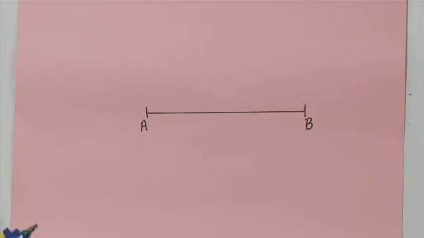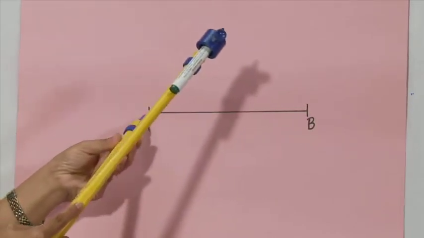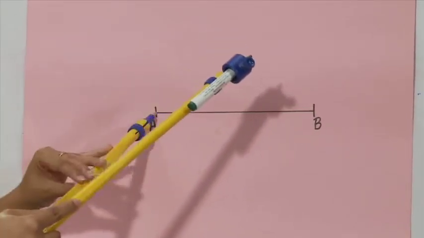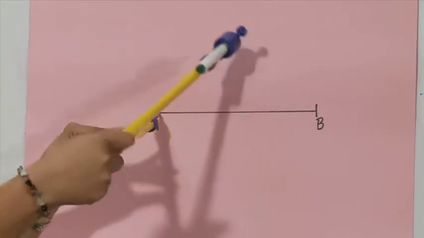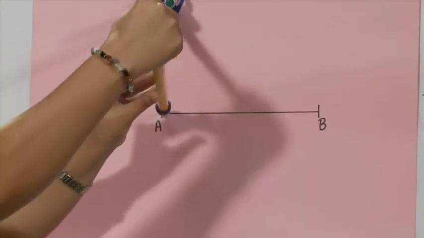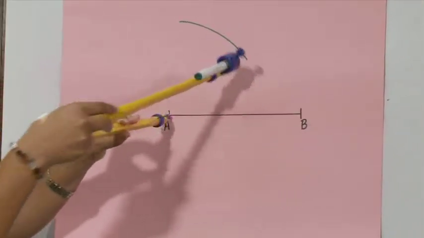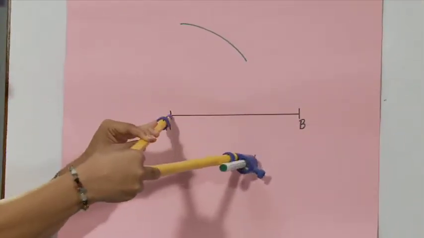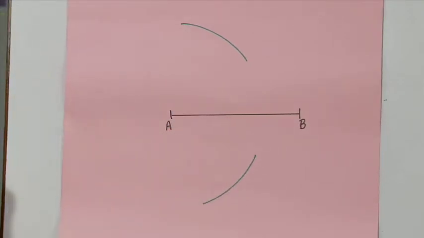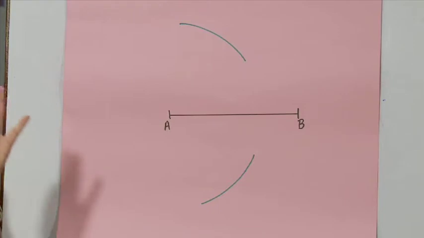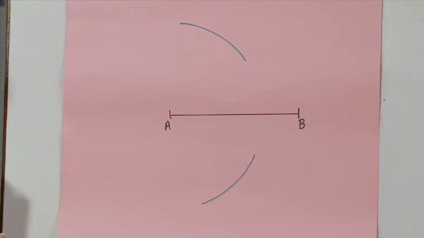How do we proceed? Well, you will place the pointer on A. Good? And then you take a bit more than half of the length of AB. You will draw an arc up and an arc down or below. And then using the same measurement, don't forget, you have to use the same measurement.